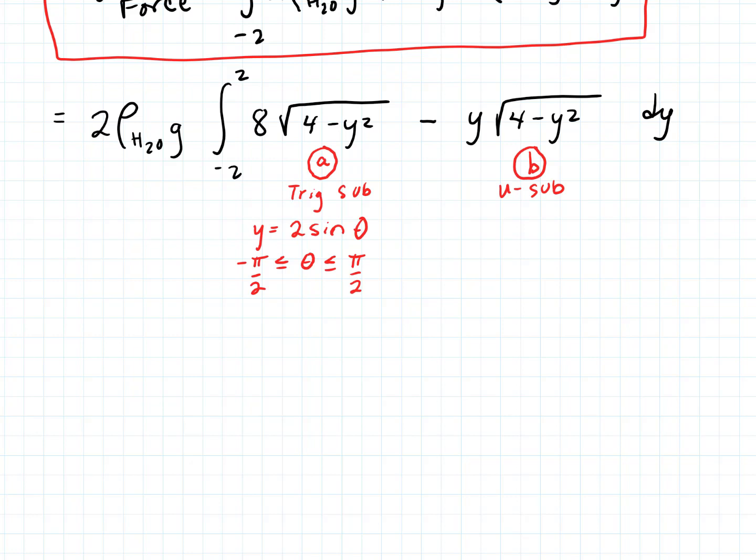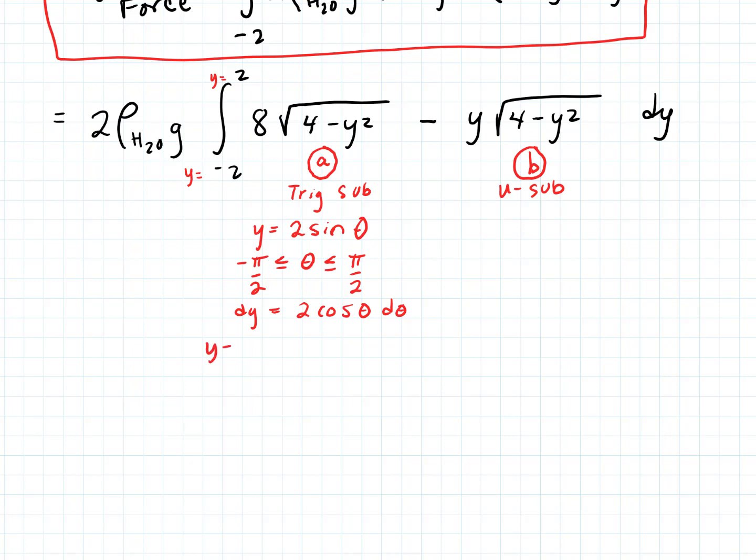And our dy in this scenario is equal to 2 cosine of theta d theta. And rather than changing back in terms of y at the end, let's think about what the bounds would be. Remember, y equals negative 2 and y equals 2.